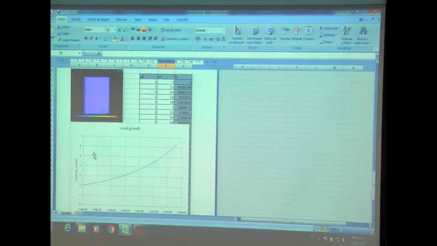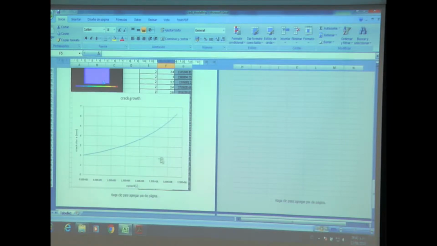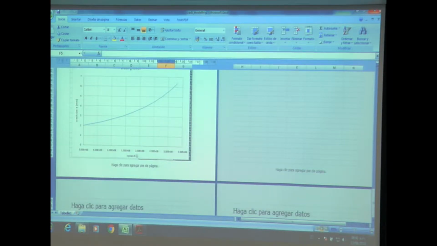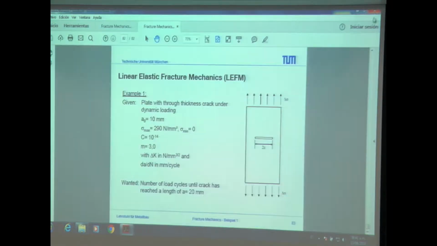Of course, with the increasing crack, the stress intensity at the crack tip is growing. So due to this, our curve is not linear. It is always curved and at the end growing faster and faster. So this is basically what we did last week and where we finished.